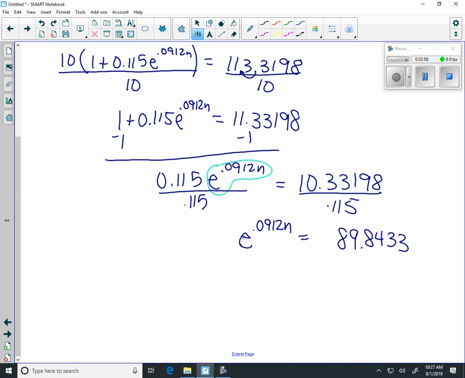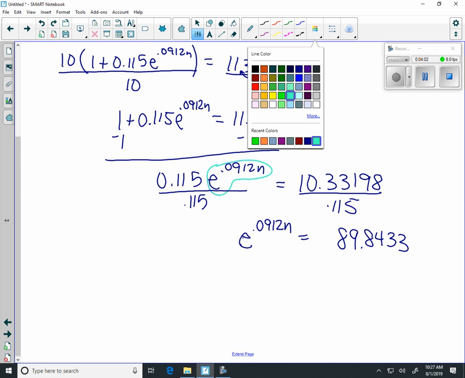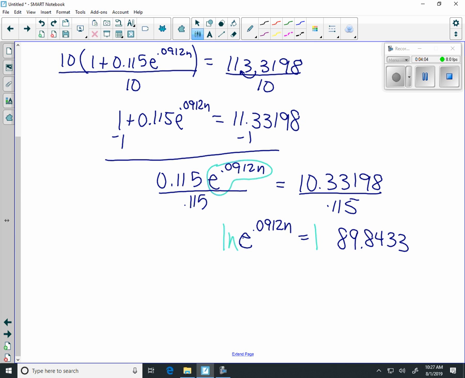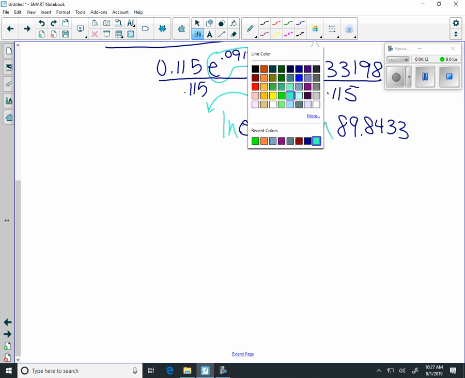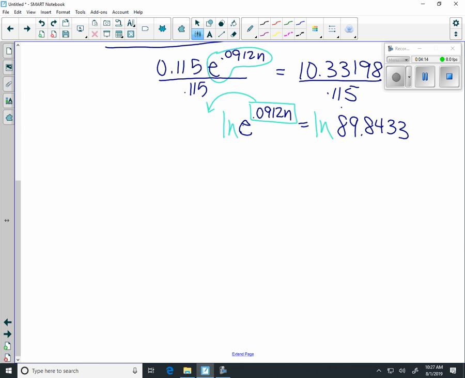And now I can take the ln of both sides. Now that I have my e term all by itself, I'm going to take the ln of both sides so I can pull down my exponent. The coefficient is 1.